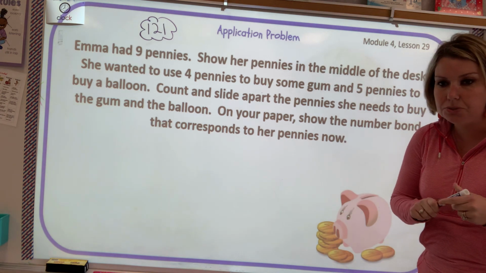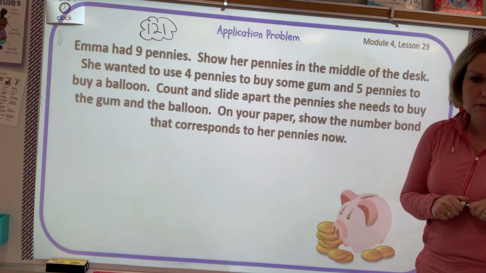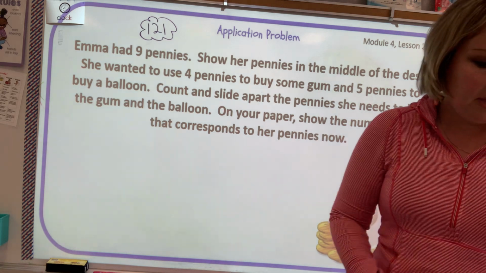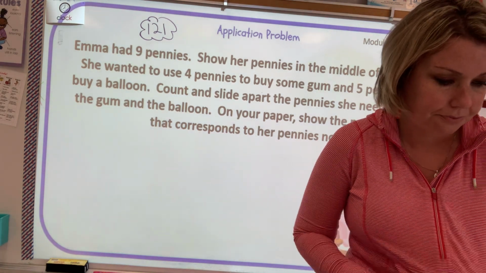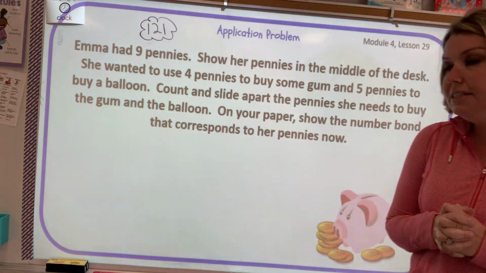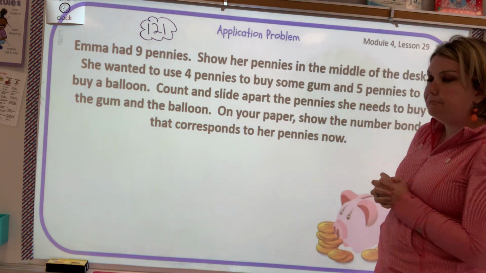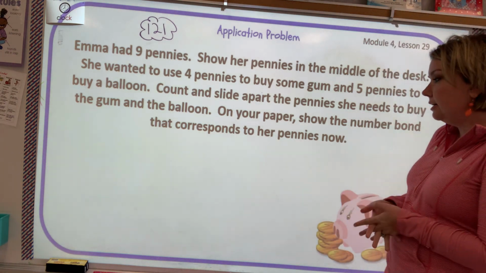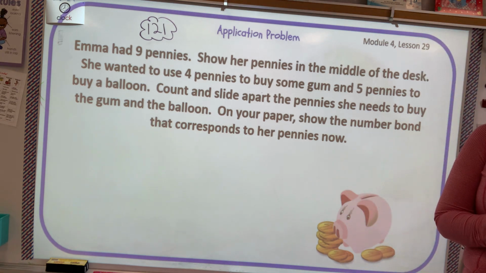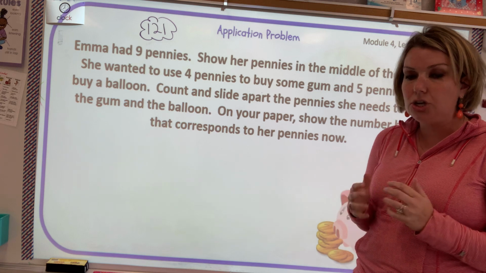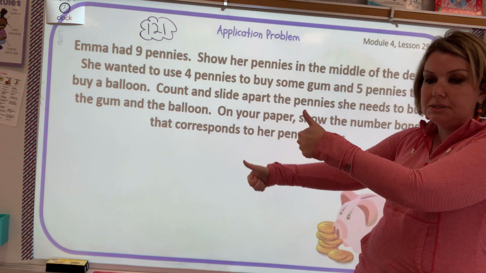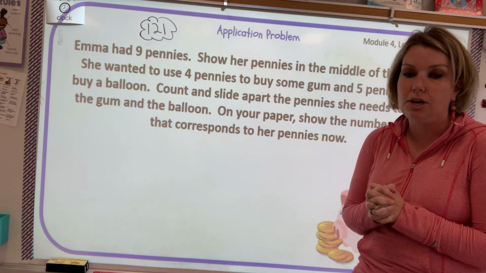Make sure you have something to write with. This is a story problem. We're going to read the entire problem and then take it one sentence at a time. When you have your page open, give me a double thumbs up.